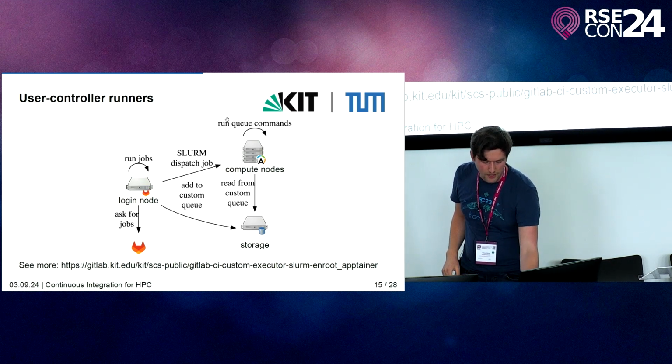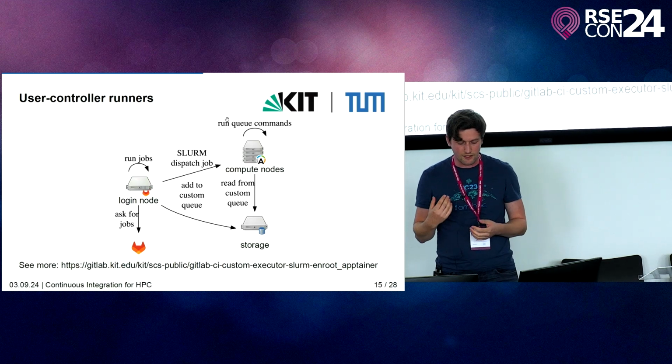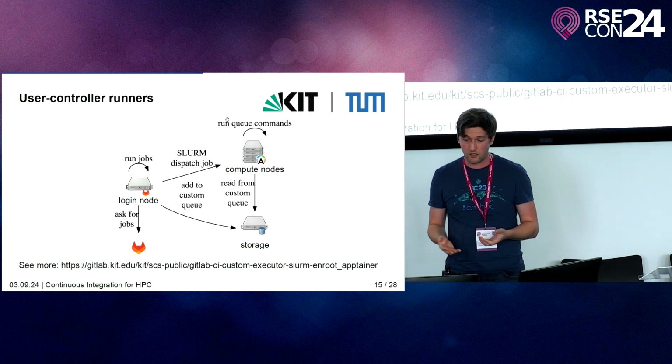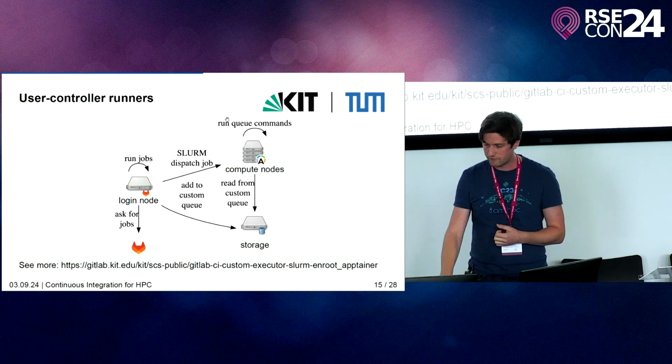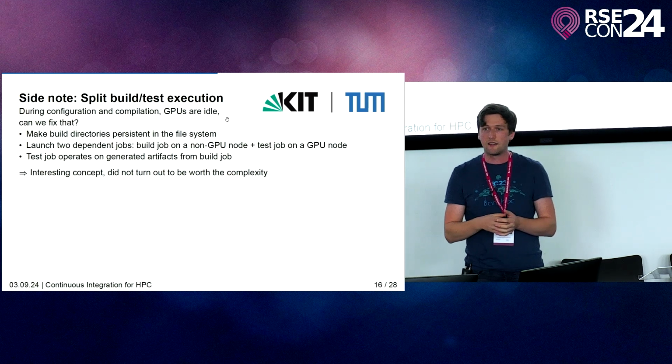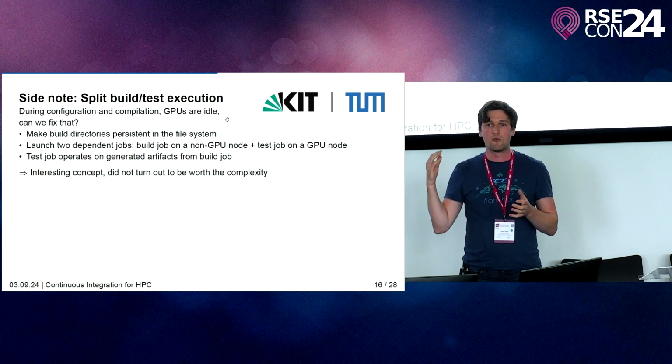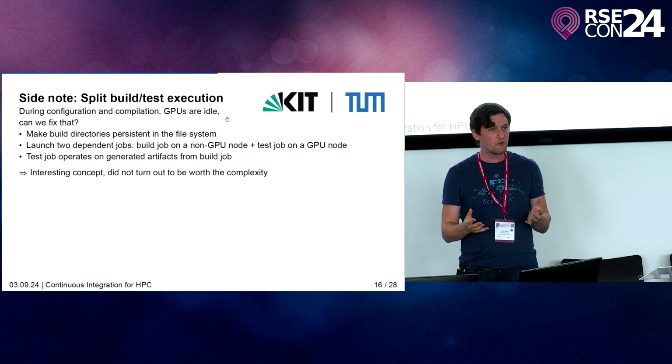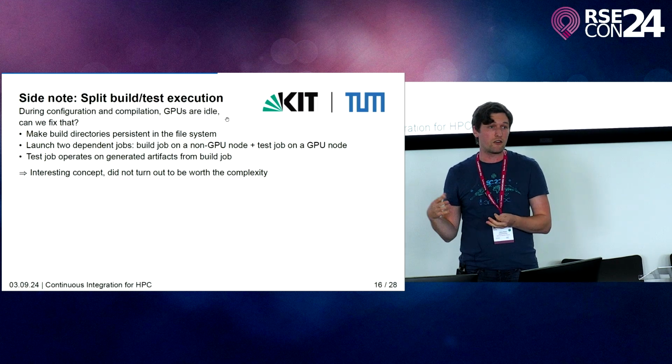But we then wanted to get away from it because it doesn't cleanly work across all the systems that we've been using. One side note here is that in most cases we had quite a lot of compilation work to do, but the tests themselves were very fast to run.